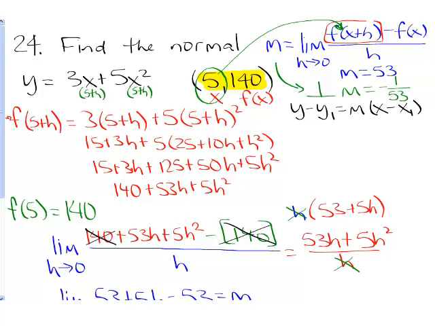So y minus the y coordinate, what would that be? y minus 140 equals the slope, negative 1 over 53 times x minus the x coordinate, which in this case is 5.